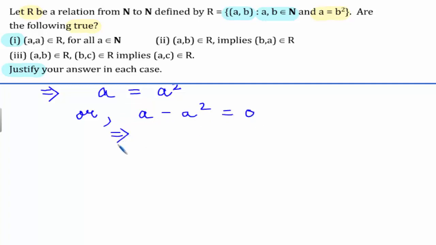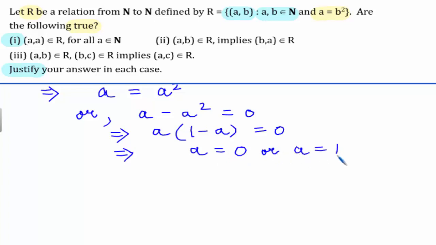So this implies a into 1 minus a is equal to 0. So this implies that a is equal to 0 or a is equal to 1. Now, a cannot be equal to 0, and this is because a belongs to the set of natural numbers N. So the only option left is a is equal to 1.